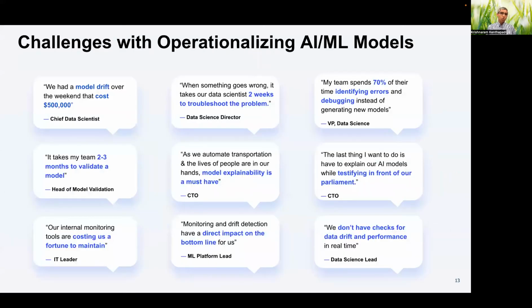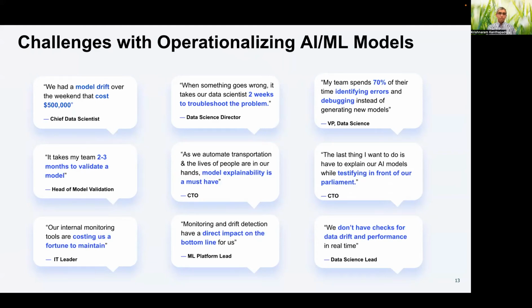So here are some quotes we have seen from different personas who are involved with operationalizing machine learning models. For example, a quote from a chief scientist discusses how model drift, or changes in the real world conditions, and the lack of timely detection of such changes cost over $500,000.